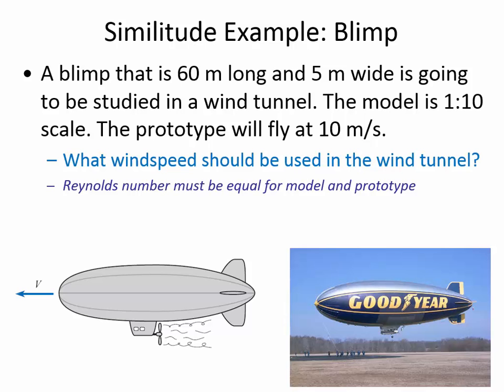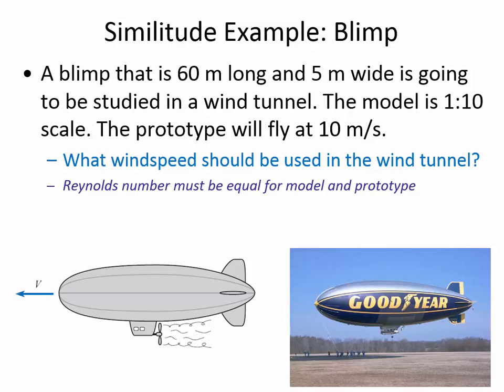What we're going to say is that the velocity of the model, the length of the model, the density of the fluid that's used for the model, and then the viscosity of the fluid that's used for the model, all of those things together should equal the equivalent for the prototype.